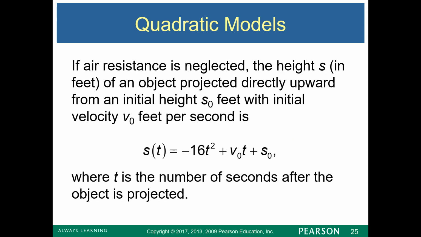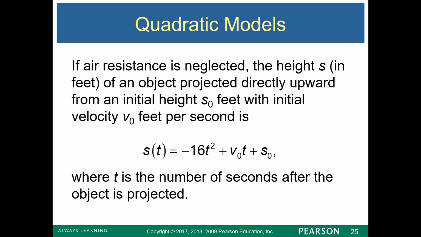Now, can you read this? If air resistance is neglected, the height of an object projected directly upward from an initial height s0 feet with initial velocity v0 feet per second is given by this. Okay? See that?